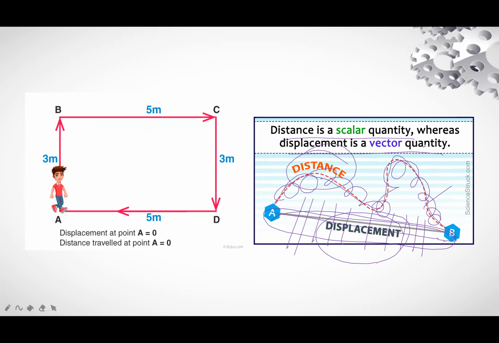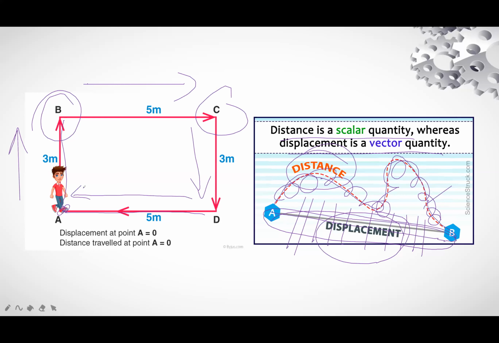If a body starts from point A, goes towards point B, then point C, then from C to D, and then back to point A, the initial and final point are the same. The shortest distance is displacement, which is zero in this case.